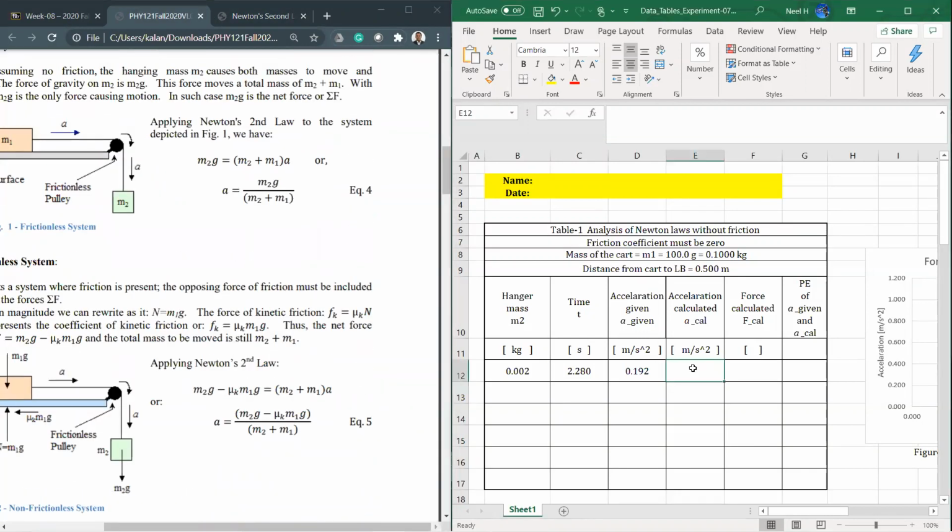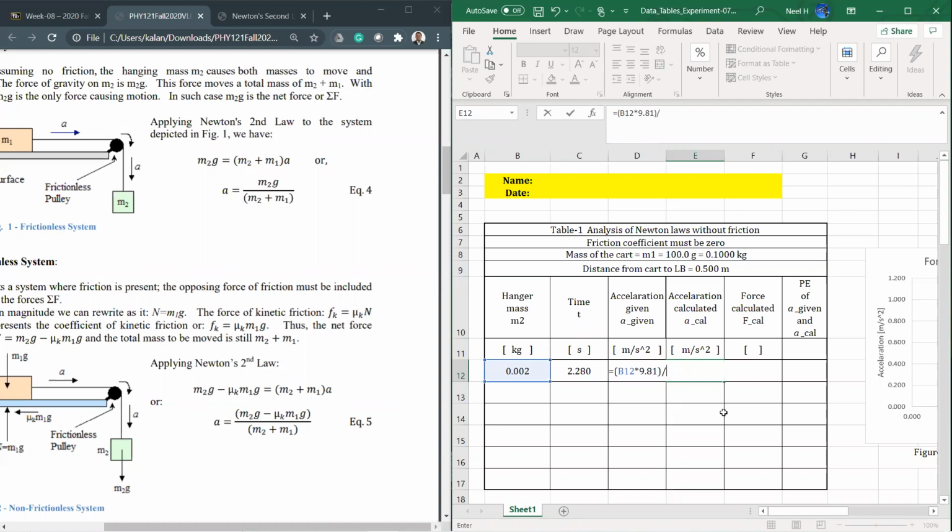So by using Newton's second law for both objects, acceleration is going to be equal to mass m2 times the gravity divided by m2 plus m1. Parentheses, mass m2, which is the hanger mass. Don't write that number, just click on there because we're going to collect a set of data. Then the m2 is going to be changing. Okay. And times 9.81.